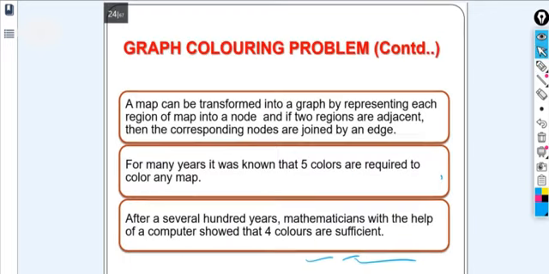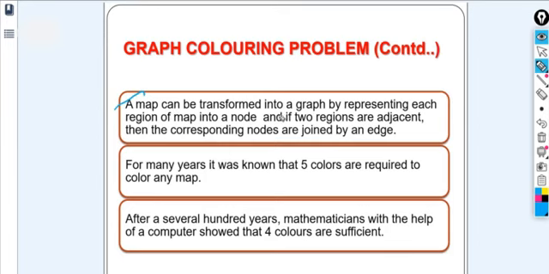Where is the application of the graph coloring problem? A map. If you have a map, you can transform it into a graph by representing each region of the map as a node, and if two regions are adjacent, the corresponding nodes are joined by an edge. For many years it was assumed that 5 colors were required to color any map.